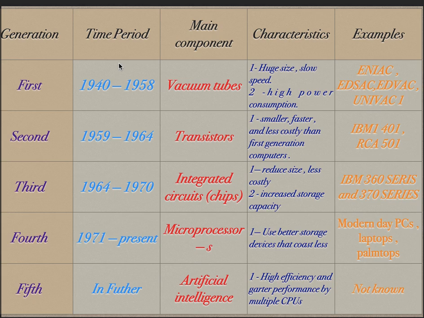And now coming to the fifth generation, which is artificial intelligence, which is going to happen in the future. You may say artificial intelligence as AI, and a lot of people are working really hard to improve this fourth generation into a fifth generation.